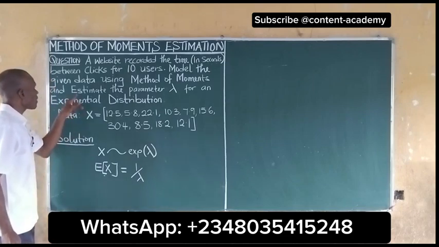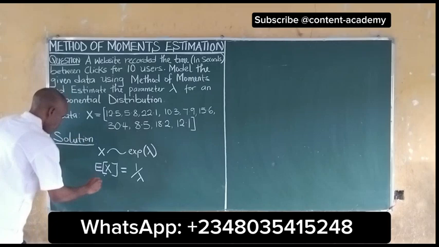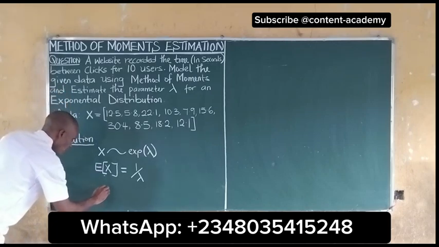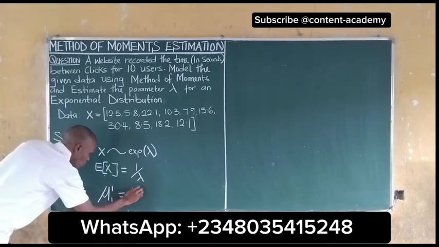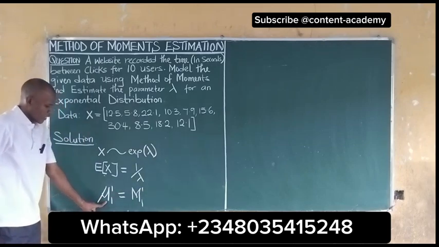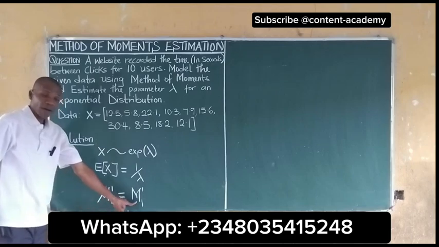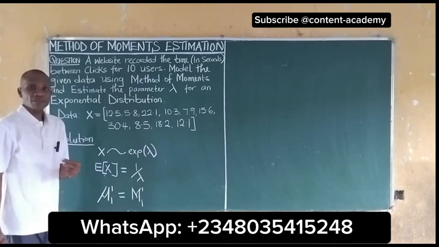And now, for the method of moments, the solution means that we'll have mu 1 equal to m1. What does this mean? It means the population mean must be equal to the sample mean before we'll get our answer for the method of moments estimation.